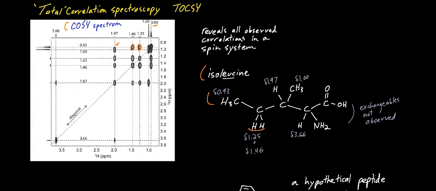As you continue here, the 1.25 and the 1.46, here and here on the diagonal, correlate to each other. So there's geminal coupling. They correlate to the 1.97, which is one position over to the right. They both correlate to that, right?